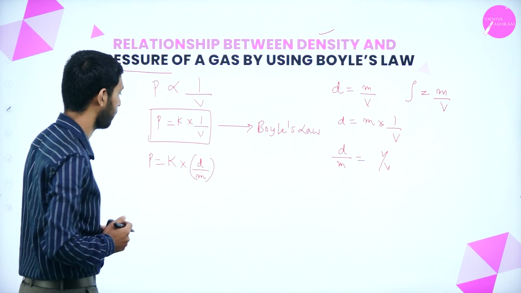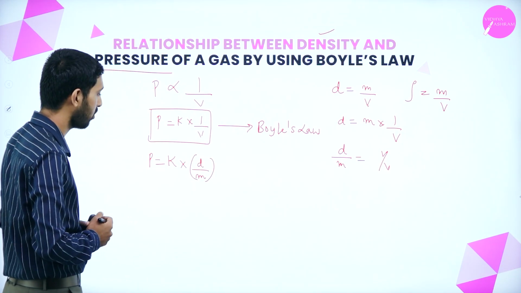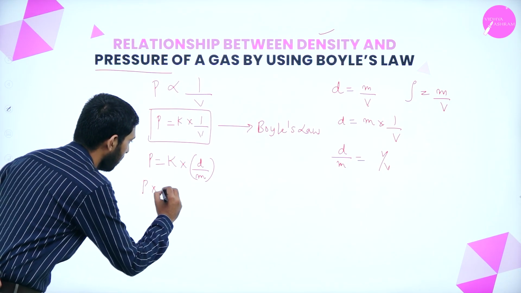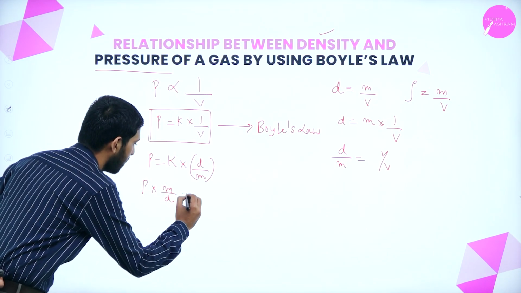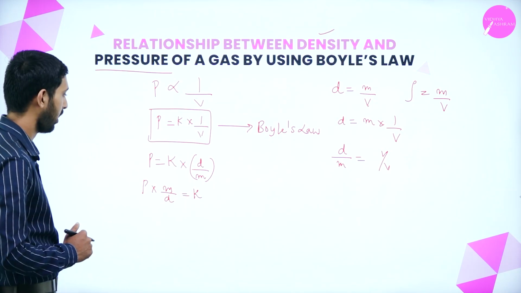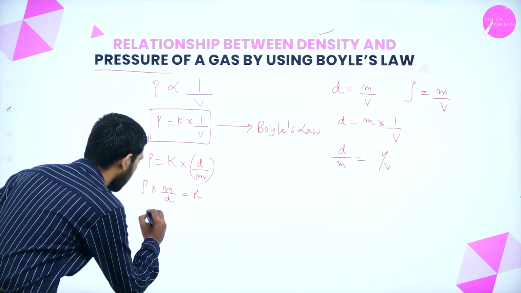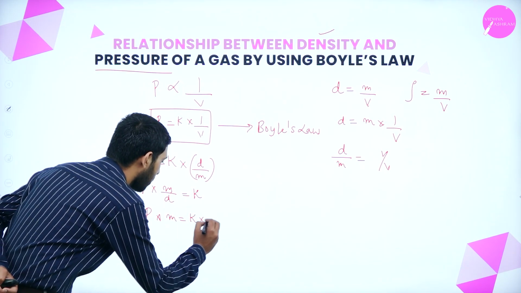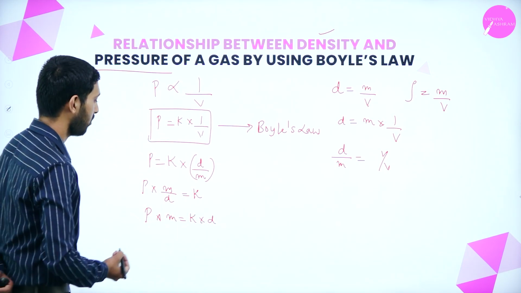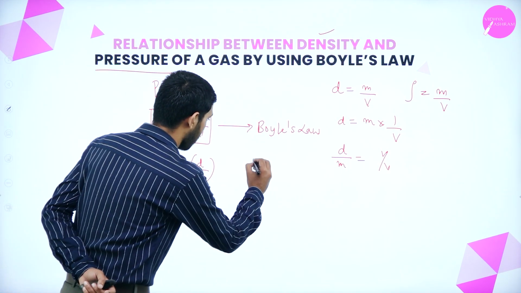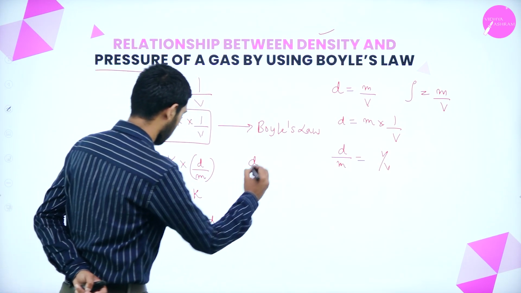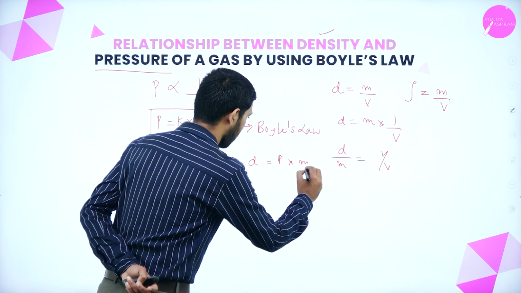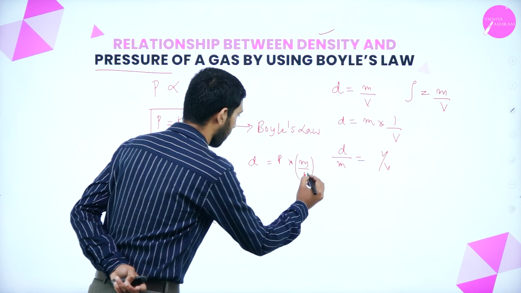I have substituted. Okay. Next, what I have to do? I'll take this M here. Okay. So P into M by D is equal to K. Next, I'll substitute here P into M is equal to K into D. Okay. So next, what I have to do? I have to take D. D is equal to P into M by K. Okay.